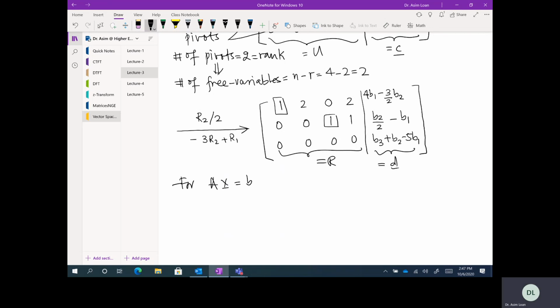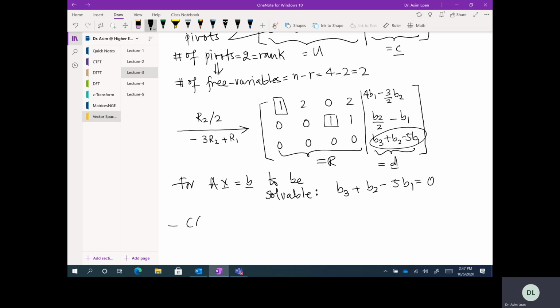So for Ax equals b to be solvable, this thing should be equal to 0. b3 plus b2 minus 5b1 should be equal to 0.